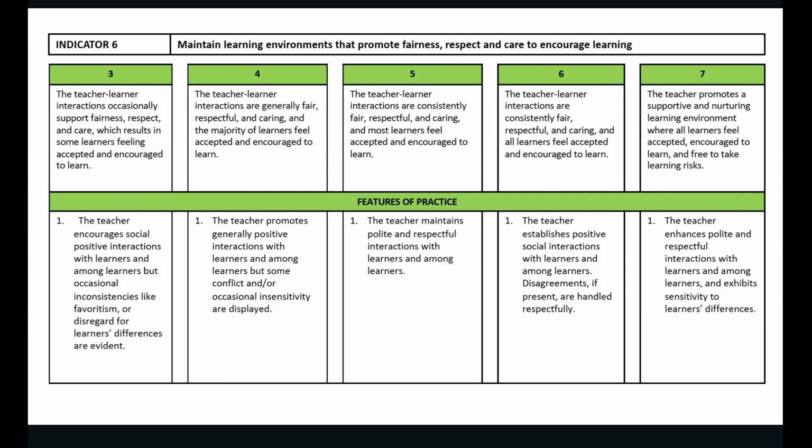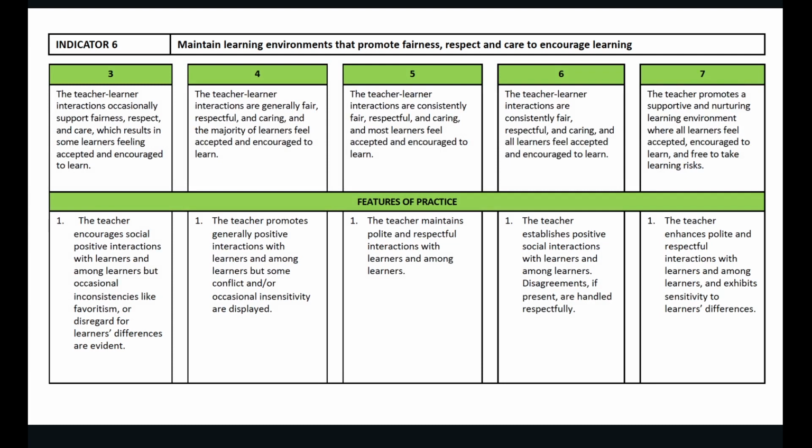In the next higher level, level 5, the teacher-learner interactions are consistently fair, respectful, and caring, and most learners feel accepted and encouraged to learn. So almost 100% of the learners do; only a few feel that they are not accepted or encouraged.